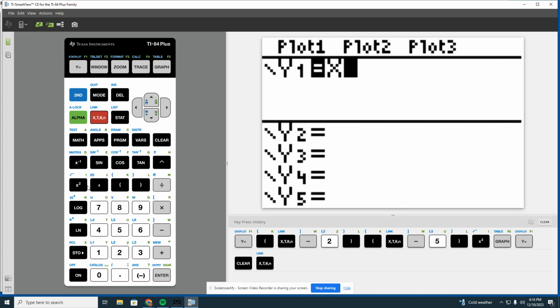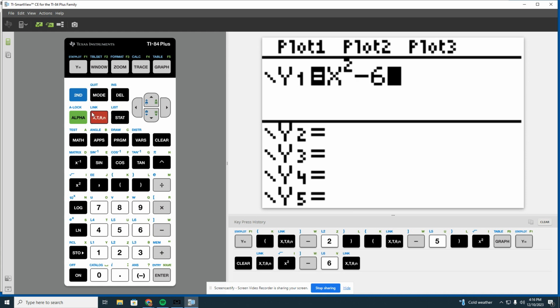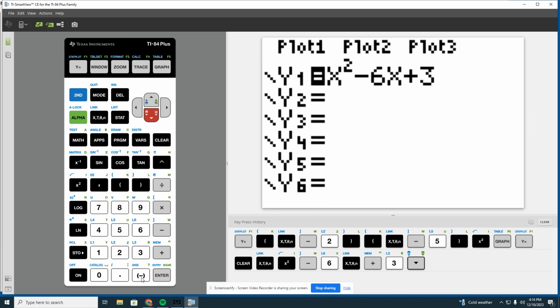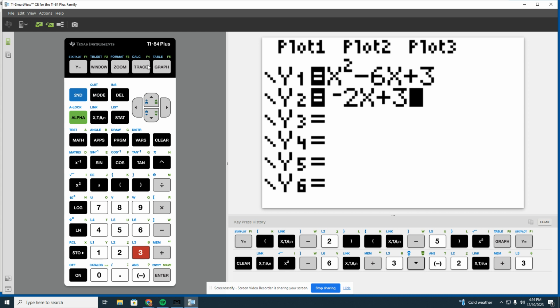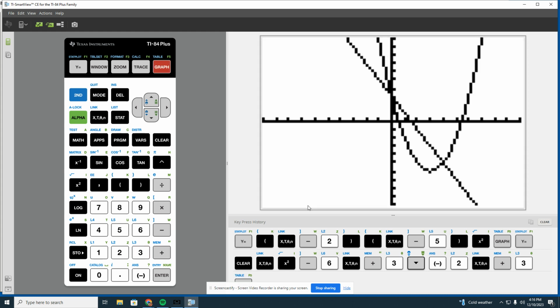I'm going to do x squared minus 6x plus 3, and I'm going to do negative 2x plus 3. And remember, if I'm looking for a solution, I'm looking for where they cross each other's paths. So they cross each other's paths in 1, 2 locations.